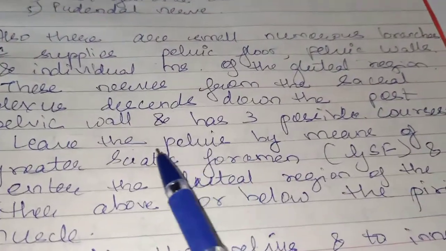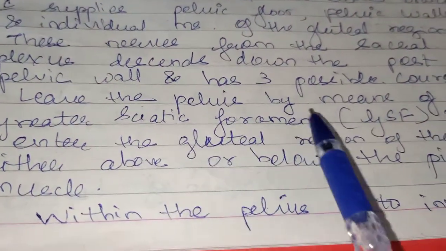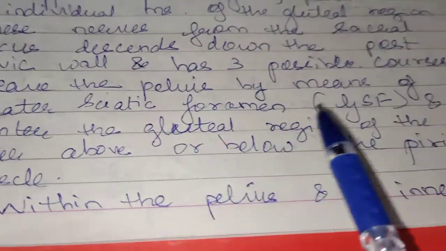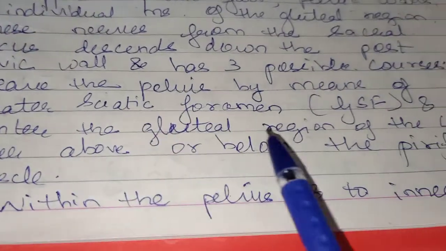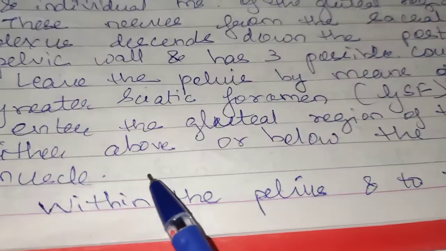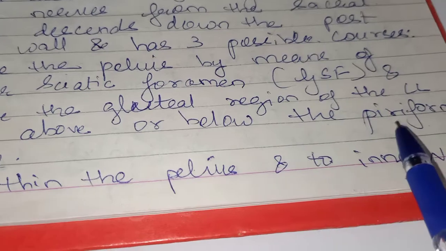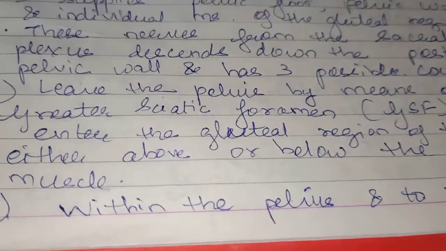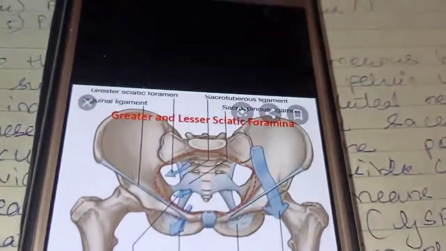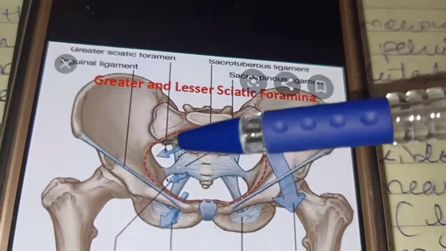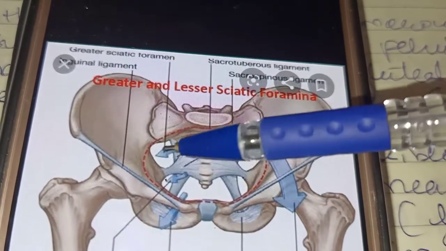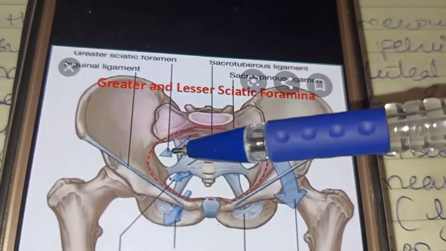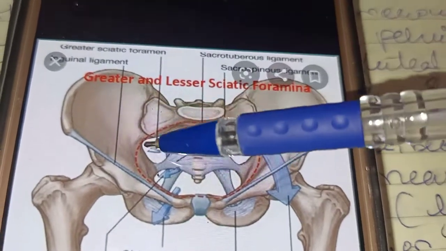these nerves, which are the branches as well as the peripheral nerves, leave the pelvis by means of the greater sciatic foramen and enter the gluteal region of the lower limb, either above or below the piriformis muscle. Here is the greater sciatic foramen. The branches of the sacral plexus will arise from here and go back into the gluteal region.